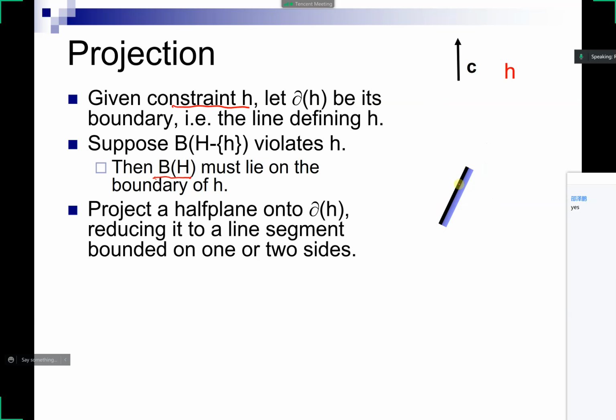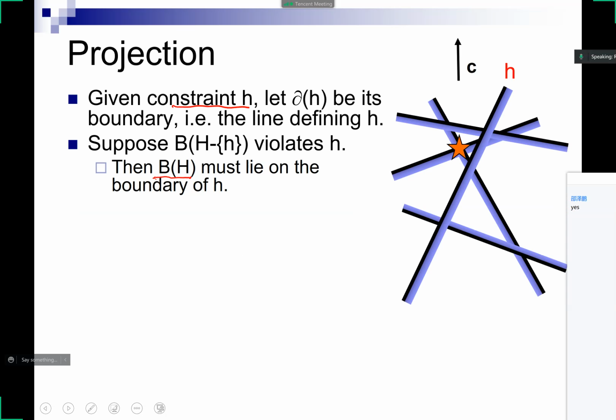In fact, we no longer have this purple region here, because what we know is that the optimum actually has to lie exactly on this black line. If you go back to initially, the optimum should be over here. Once you add in the H, this is not feasible anymore.